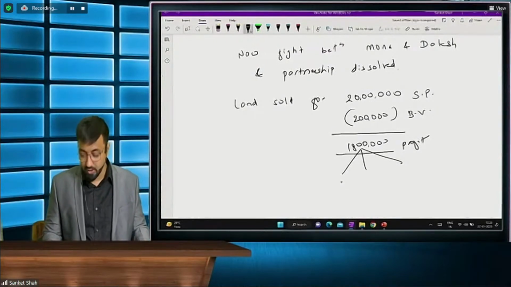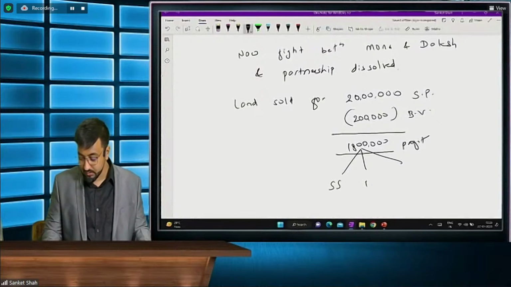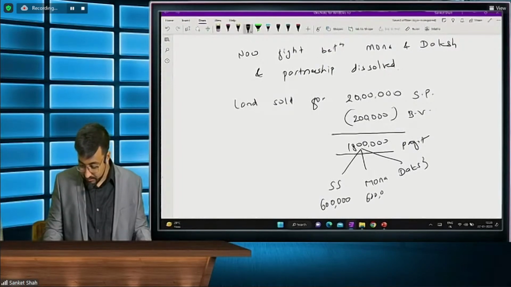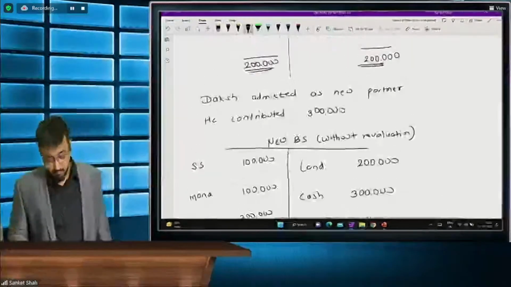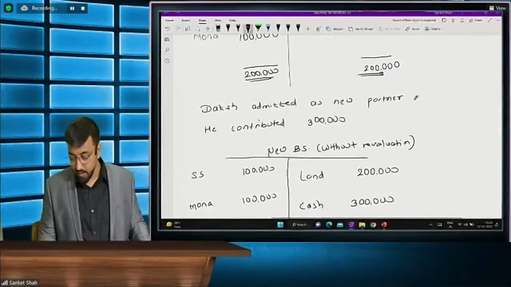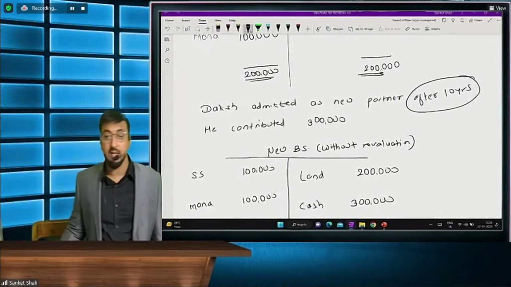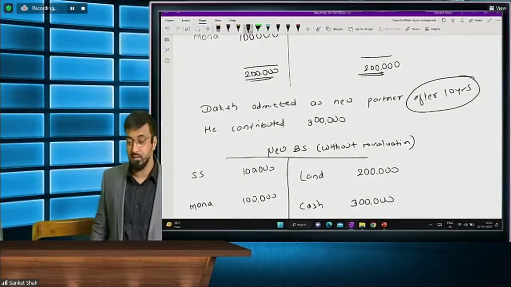Assume equal ratio. SS, Mona, Daksh: 6 lakhs, 6 lakhs, 6 lakhs. After 10 years, beta, Daksh admitted as a partner after 10 years.